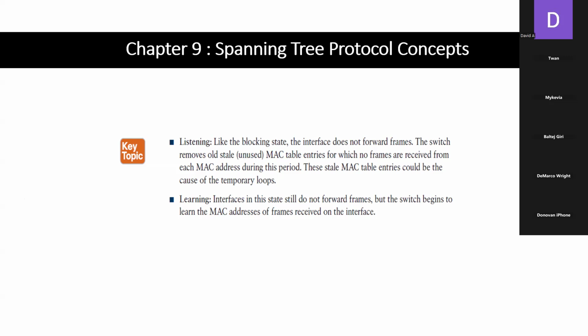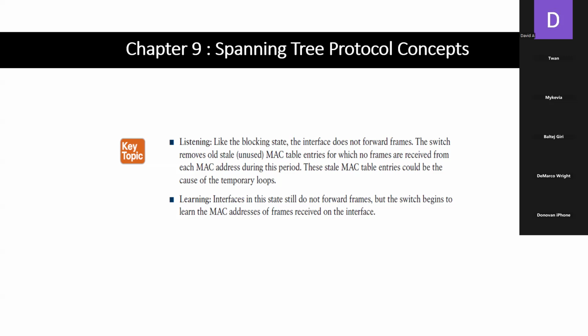Why is that the case? If we look back at figure 9-7, we had a change in the topology. We have to converge, we have to cleanse our switch from remembering what's connected to what, because a change happened at layer one.